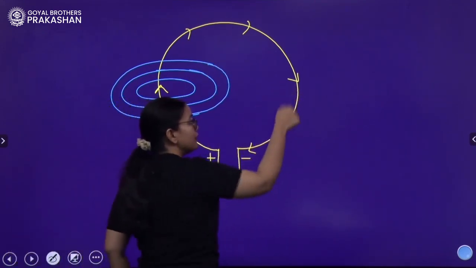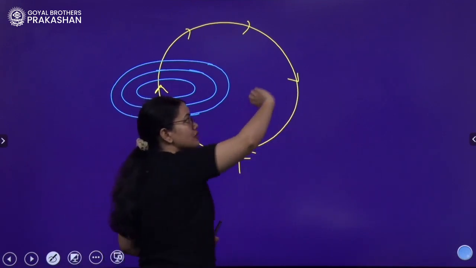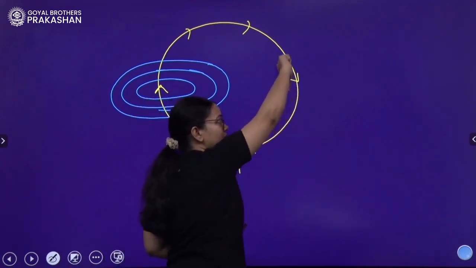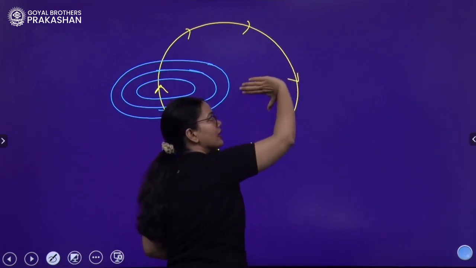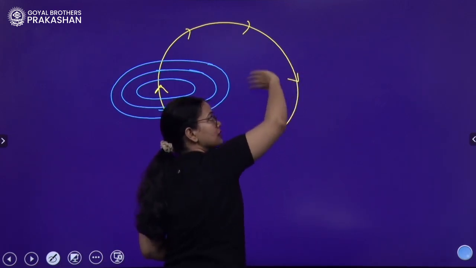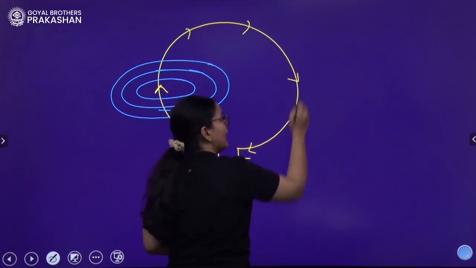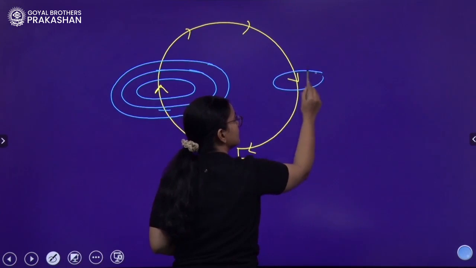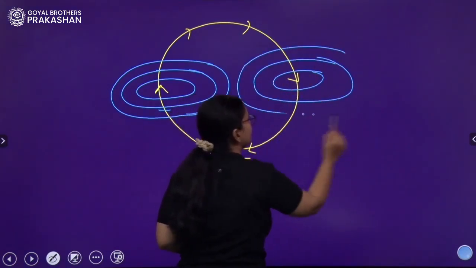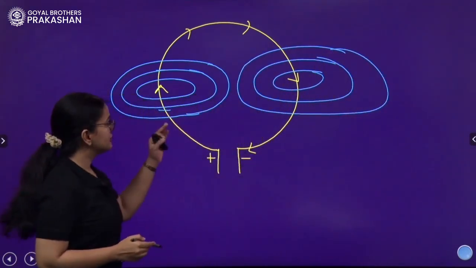Over here, if you look, how is the current? Current is going down. I have to put my thumb like this. And how are the field lines now? They are going in, coming out, going in, coming out, in the form of concentric circles, again with the wire at the center. Right? This is the shape.